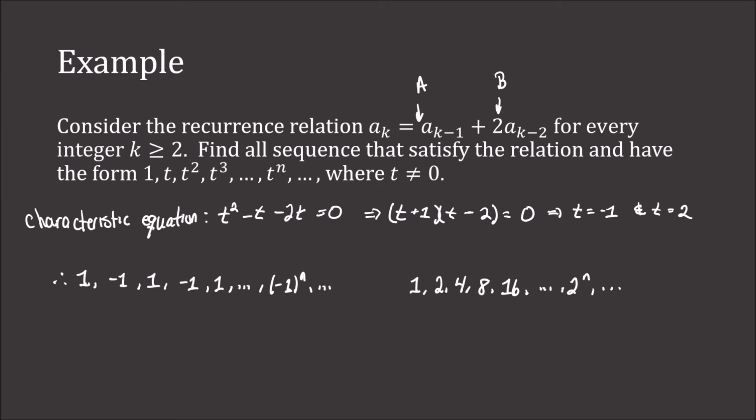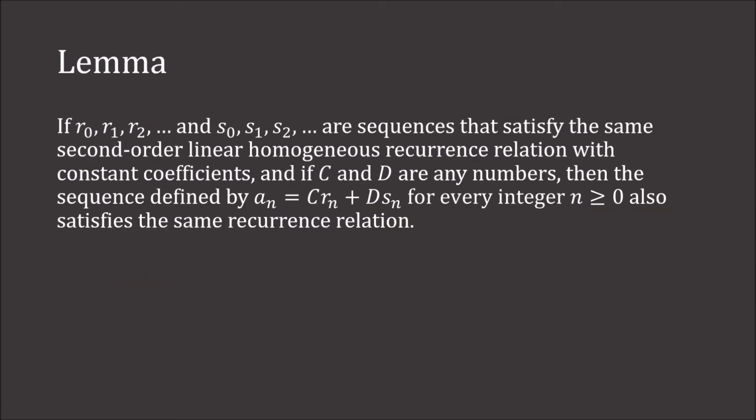Now, what do we do once we have these sequences? Well, the next lemma will give us the answer. If we have two sequences, R and S, that satisfy the same recurrence relation, and if capital C and capital D are any real numbers, then the sequence defined by capital C times R sub n plus capital D times S sub n also satisfies the same recurrence relation.